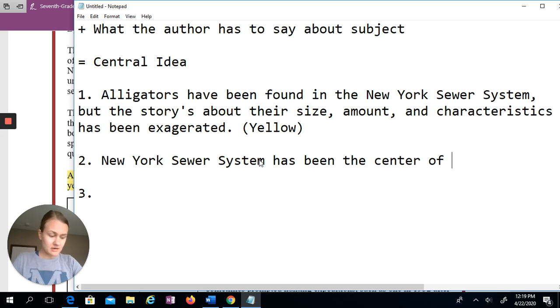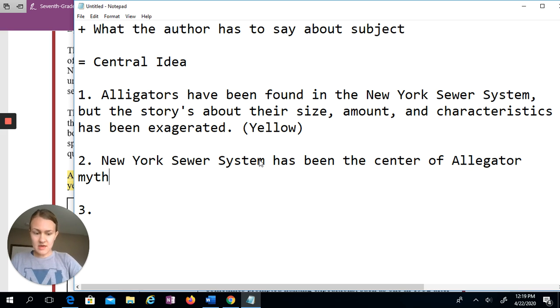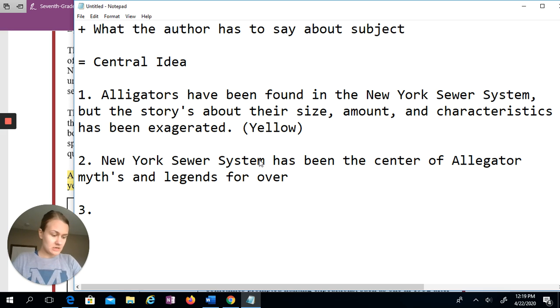center of alligator myth and legends for over a century.